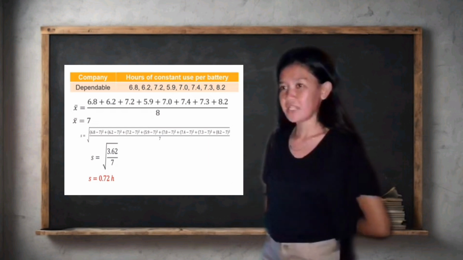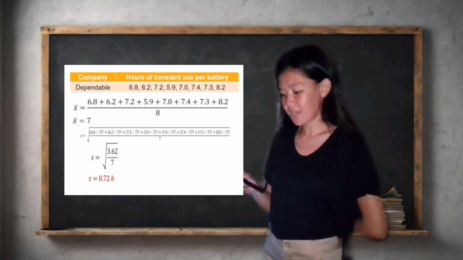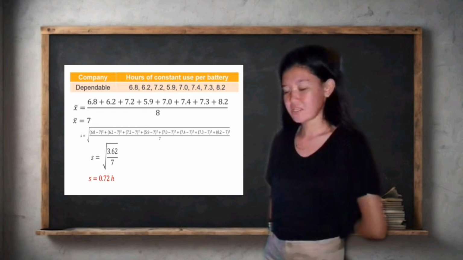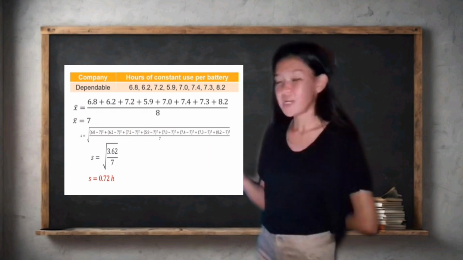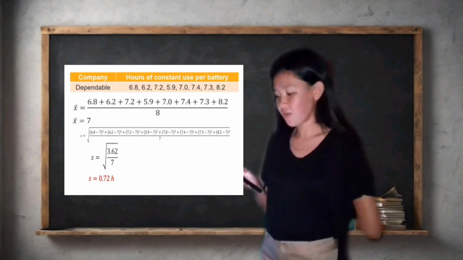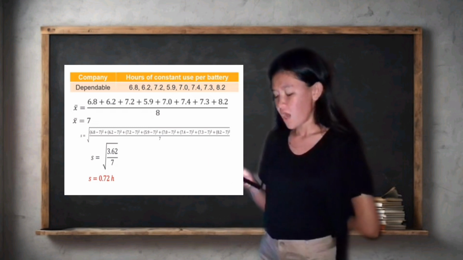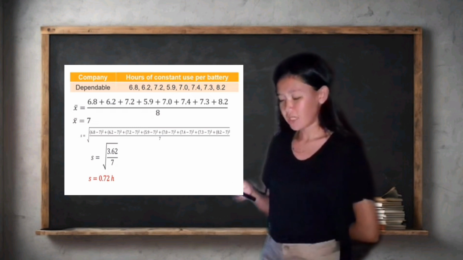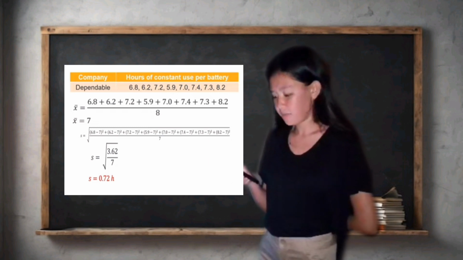Then the n minus 1: n stands for 8, so 8 minus 1 equals 7. Whatever answer we got from adding the hours of constant use per battery, we divide by 7. Then we take the square root to get the total answer. What we got from adding the hours per battery is 3.62.